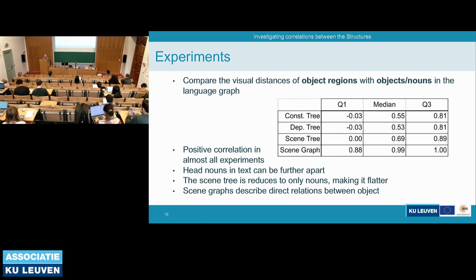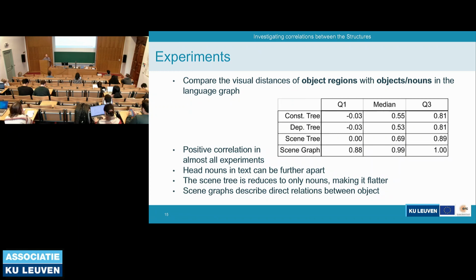So, what we see here is that for all of our different structures, we get a positive correlation between the structures in the graphs and the distances between the objects in the images. And the first thing we see is that both the language structures in the top two rows, the trees, have very similar performance. So you might expect that maybe in a constituency tree it might be further apart, since the dependency tree has more direct connections, but no, both get similar performances.